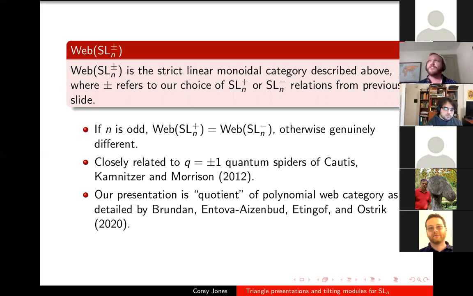That's how we're getting these. These are a quotient not in the sense of a quotient by an ideal, but in the sense of a monoidal category where you add morphisms to make things isomorphic that weren't isomorphic before. We basically made the nth wedge power isomorphic to the trivial. So it's a quotient of the polynomial web category that they produce, and that's the origin of these things.